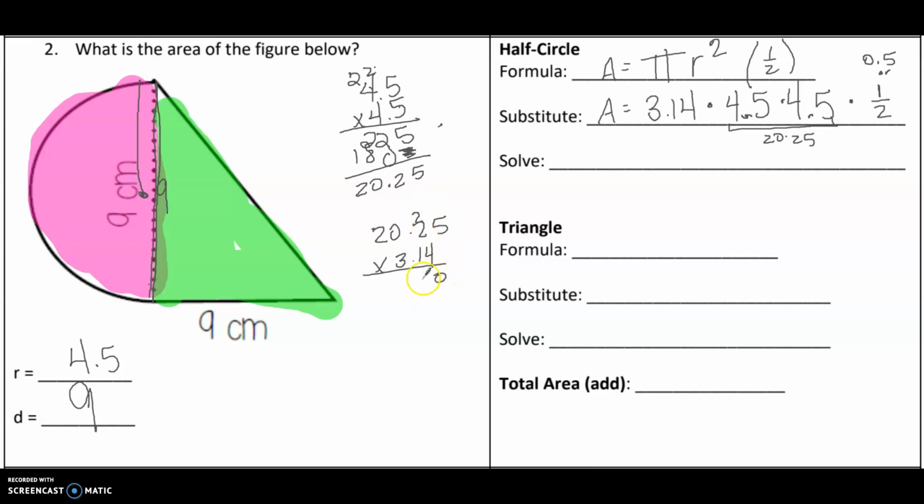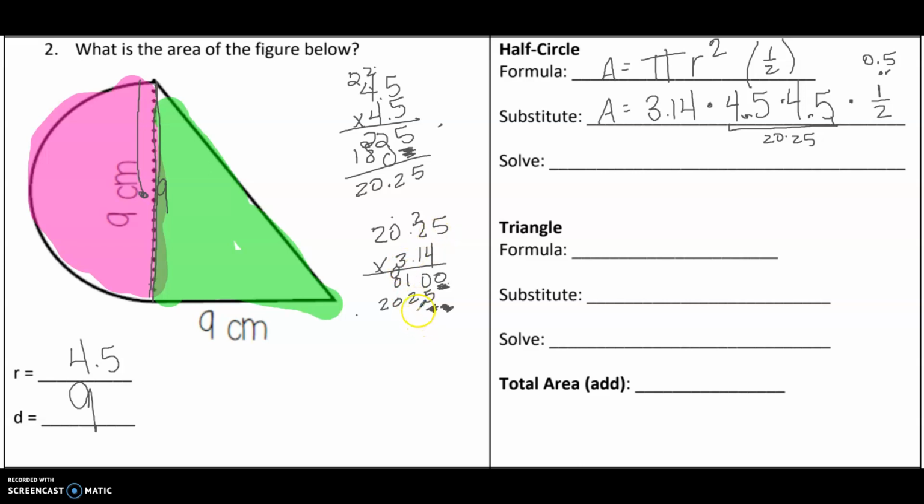4 times 0 is 0. 4 times 2 is 8. Leave a placeholder. 1 times 2025, 5202. Going to our third number, we need to put 2 placeholders and start in the third spot.